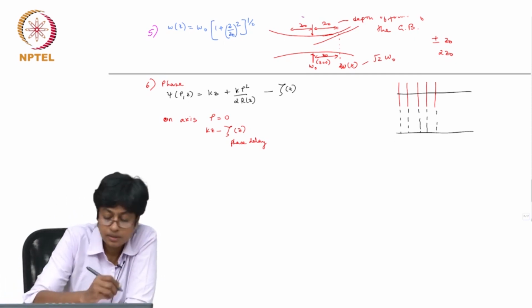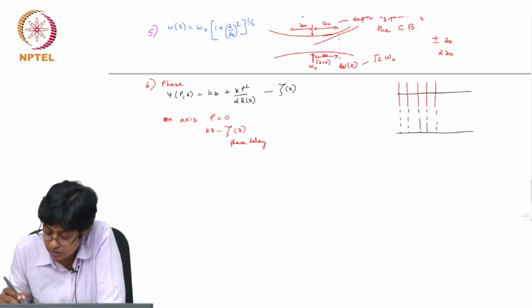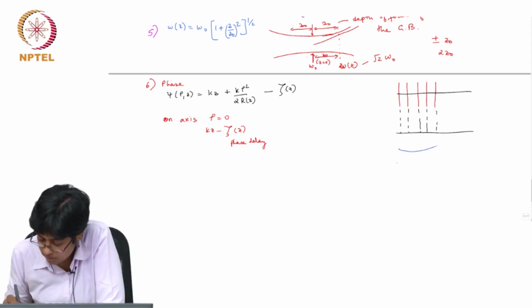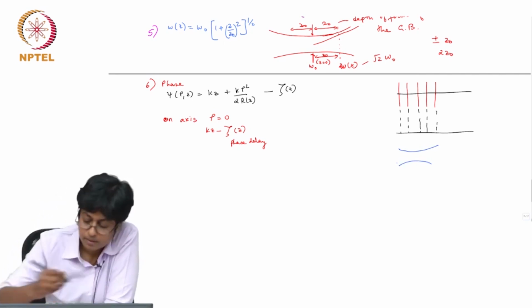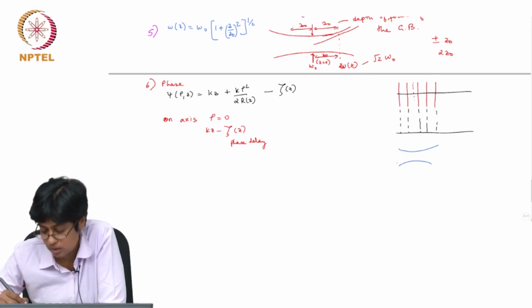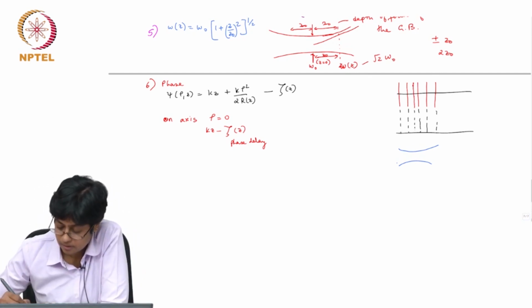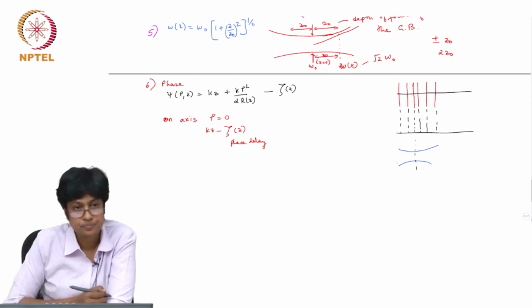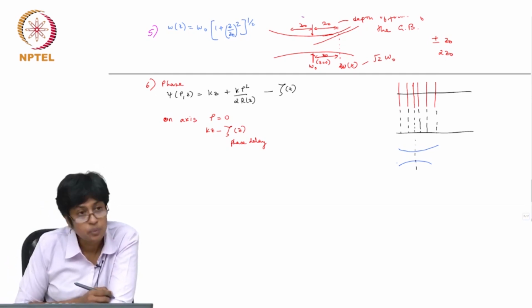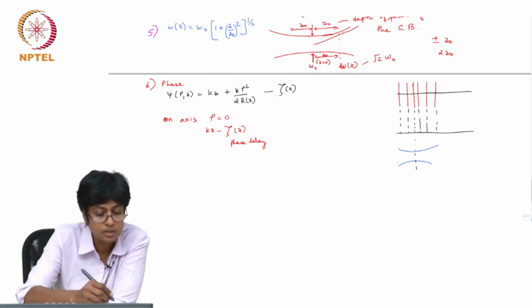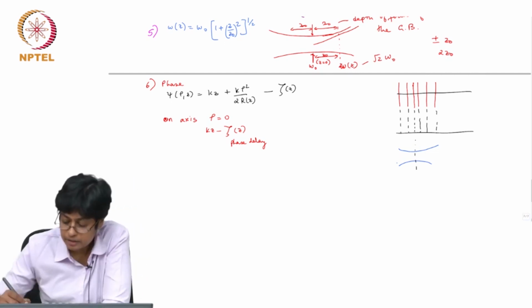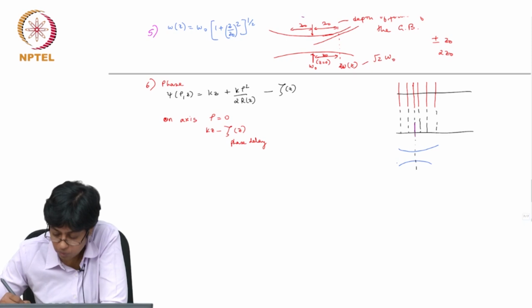What does the Gaussian beam look like? These are all equally spaced. What do the wave fronts look like for a Gaussian beam? It's going to look very similar over here.